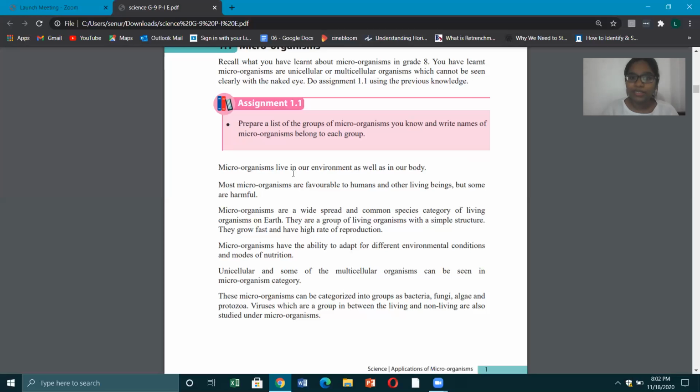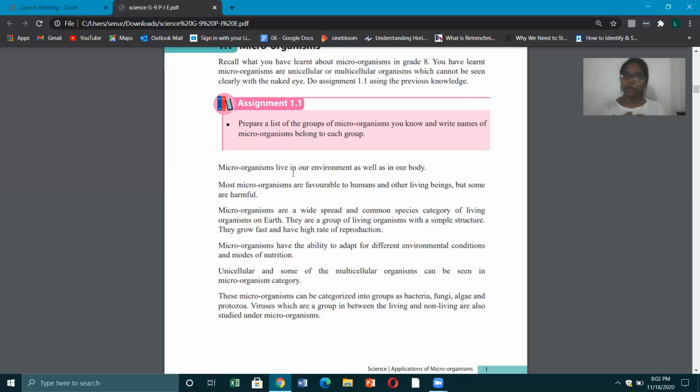Microorganisms are the widespread and common category of living organisms on Earth. So that's what I told you. There are living organisms on Earth, and they are widespread. They are everywhere. They are a group of living organisms with a simple structure. What do you mean by a simple structure? The cellular structure of them is really simple.